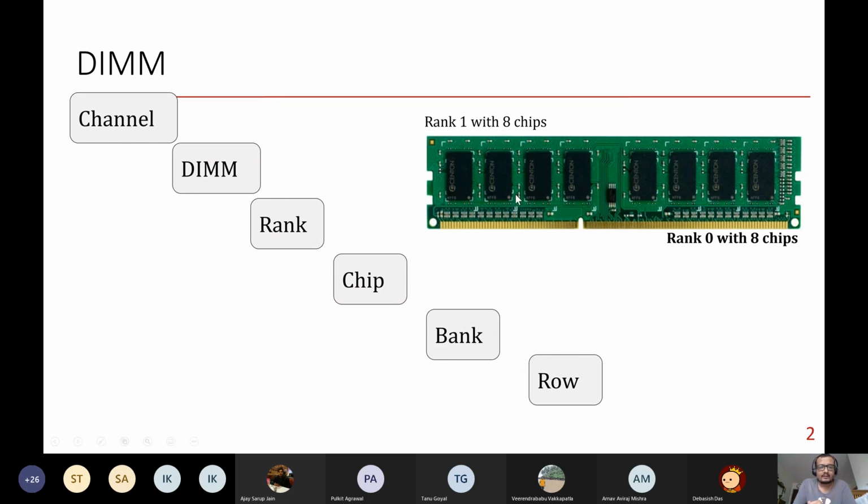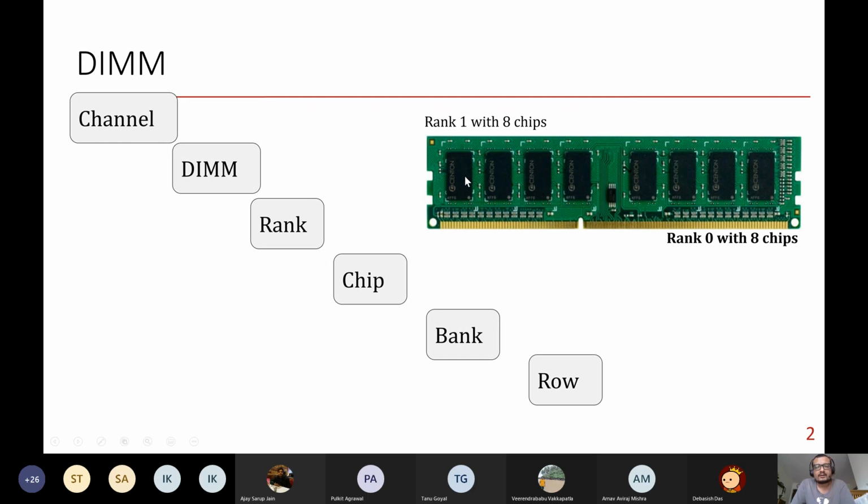And this is the DIMM that you can see on your screen. It has two sides. One side of each DIMM is known as the rank. And so we have two ranks here. And if you look at one side of the rank, you will find these black rectangular boxes. These are actually known as chips, and these are the DRAM chips where the data is stored.